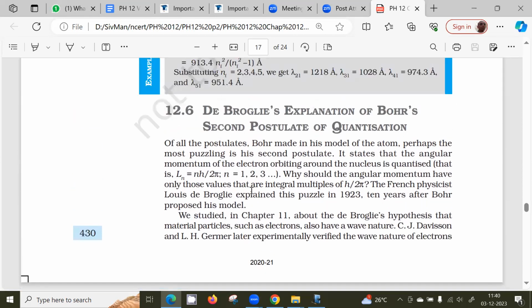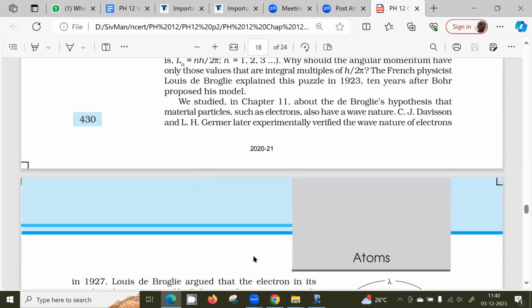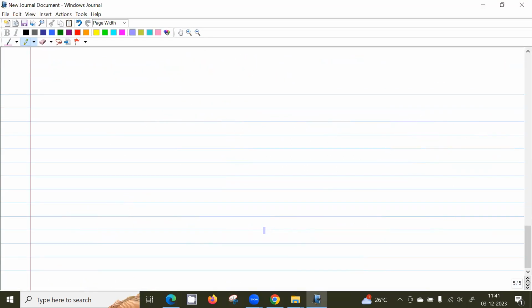Okay, so this quantization condition, where L can have only certain values, comes from Bohr's postulate, which says the angular momentum L, which is r cross p, which is mvr, should be integral multiples of h by 2 pi.